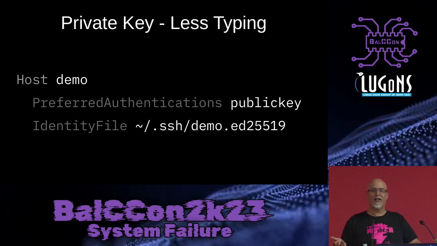Everything you can specify on the SSH command line usually also has something that refers to it for the config file. So what we want to do is set the preferred authentication to use a public key. So we're telling SSH, use public key authentication before everything else, like username, password. And we are also pointing to the identity file. So basically that's our private key.